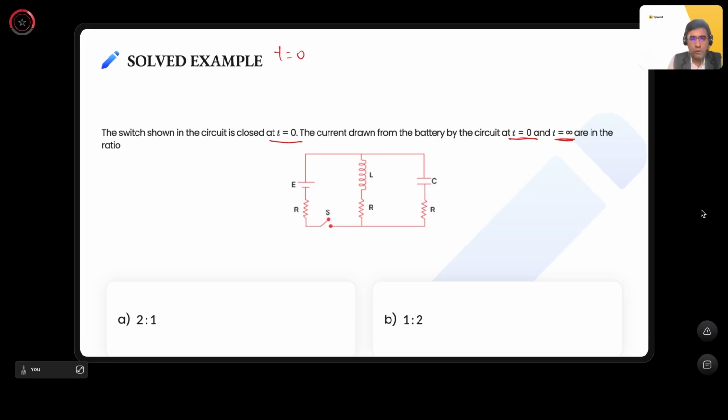So at t equal to 0, no current flows through the branch of the inductor, no current flows through the inductor. And about the capacitor, what will happen, that capacitor can be treated like a wire. Capacitor behaves like a wire.